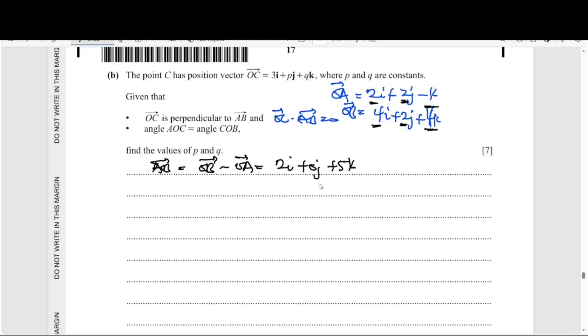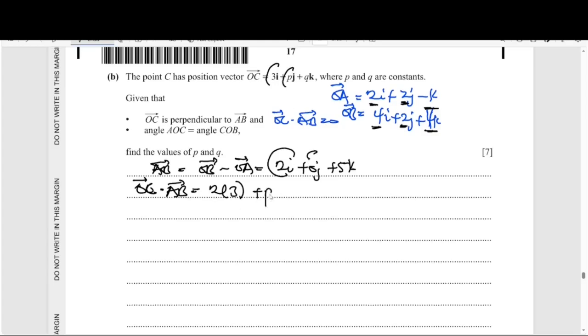Now the next thing we need to do is to find the dot product. Right. So OC dot AB is equal to, just multiply the corresponding components. So 2 times 3, and then p times 0, then lastly q times 5.